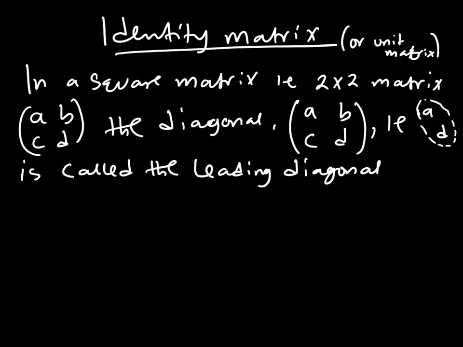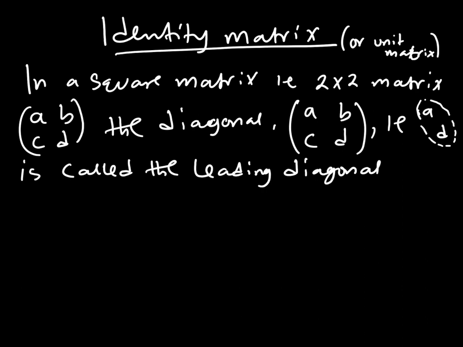So at the ordinary level, when we discuss diagonals of a matrix, we are basically going to be talking about a 2 by 2 matrix, because a square matrix like a 3 by 3 or 4 by 4 is really hard for an O-level student to understand. You can write an identity matrix of any order, but when it comes to diagonals, we are going to restrict our discussion to the 2 by 2 square matrix.